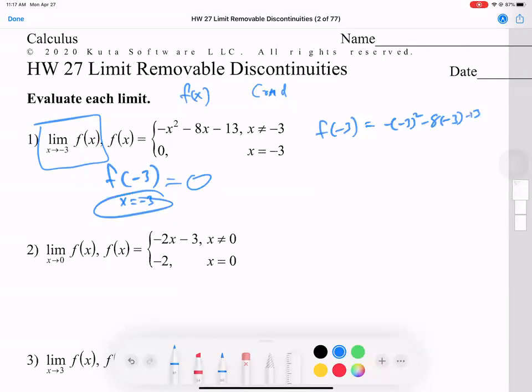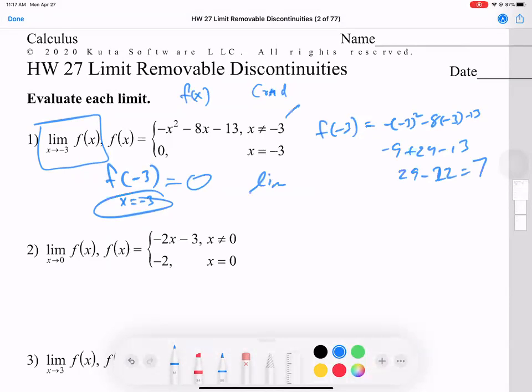That's -9 plus 24 minus 13. That becomes 29 minus 22, 7. The graph should look like 7.